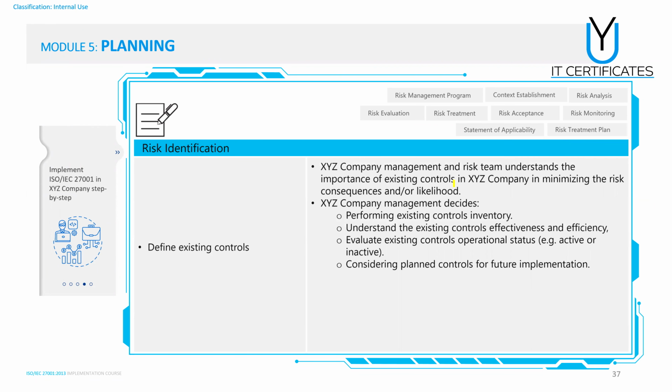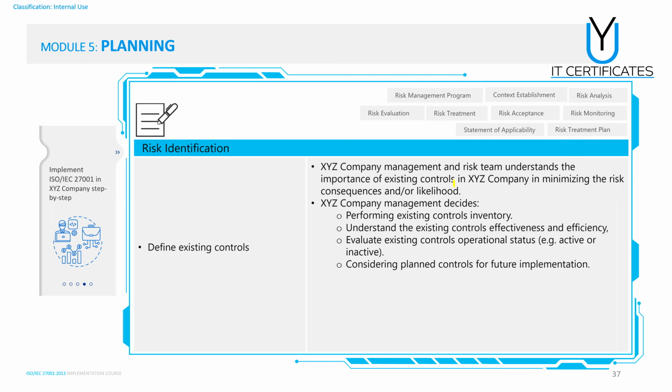What are the existing controls? Of course, when you go to any company, you will find some controls, you will find some processes, you may find some technical controls like a firewall or maybe some IPS or VPN, security policy, whatever security controls you can find.